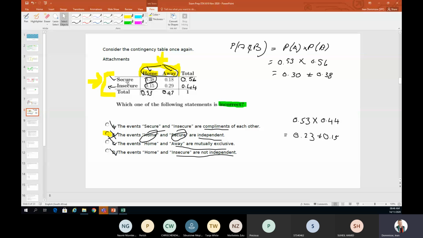If they are secure and home, then it's a different story, because then there is a probability. But because it's the home and away one, you can't be both. So that's how mutually exclusive works. Does that help you understand a bit better? Okay, cool. Awesome. Anybody else up until now?